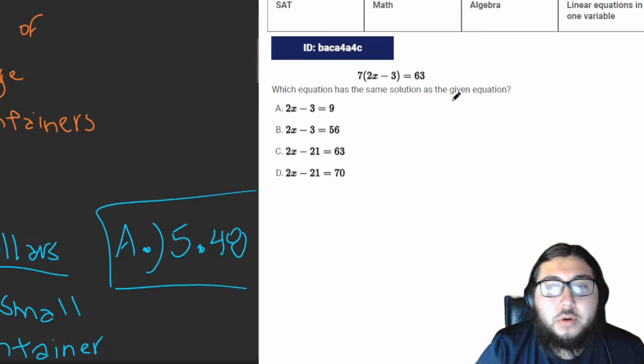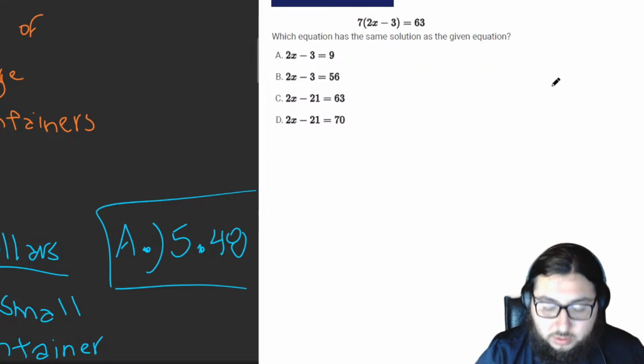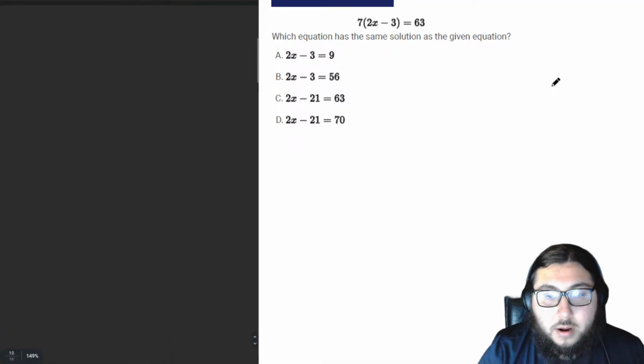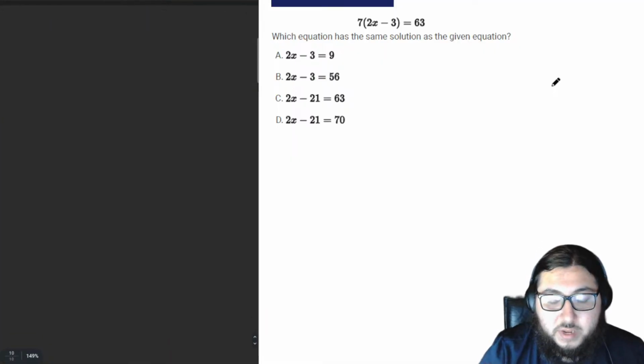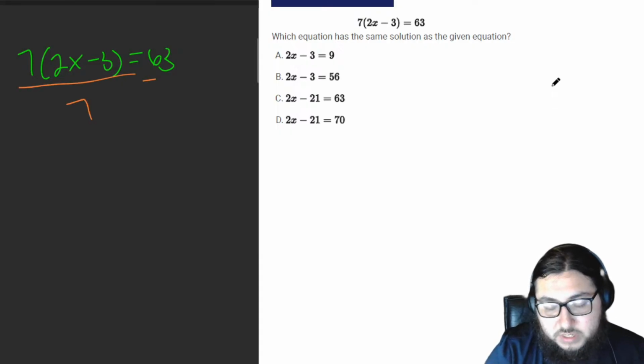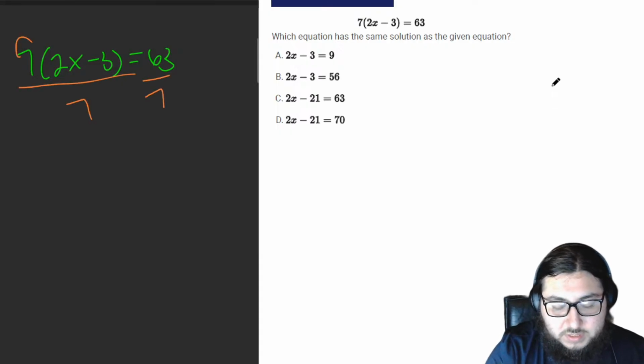So, which equation has the same solution as the given equation? This one's simpler than we might think. We don't actually have to solve each of these equations and see which one has the same value of x. What we can do is first recognize that we can divide both sides of the equation by 7, because this is multiplied times this set of parentheses.